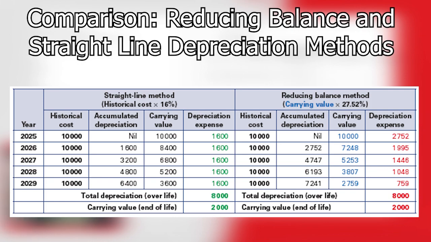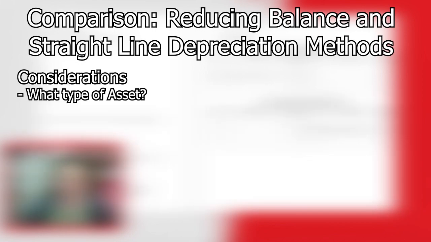You get to the same end point, it's just how do you allocate that expense? So I guess the question now becomes, when is it appropriate to use one or the other? And I think that appropriateness comes down to what your asset is. So something that's going to be static, like fixtures and fittings, you can straight line because you're going to use it consistently the whole way through.